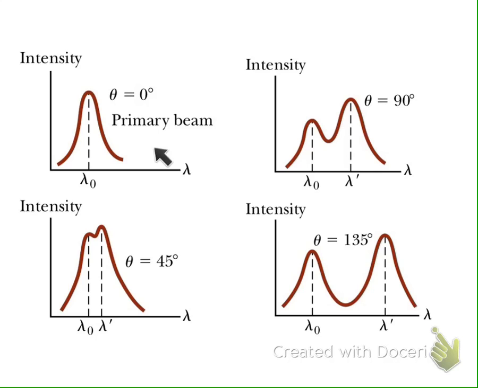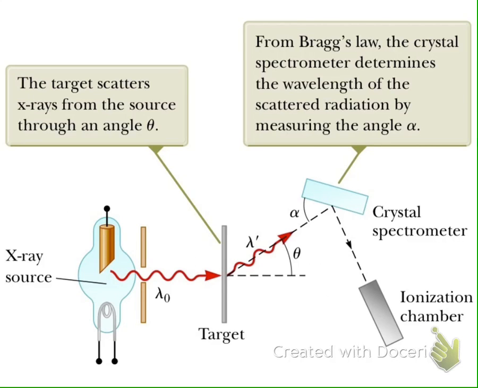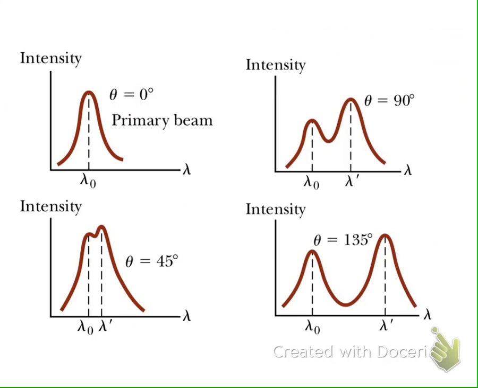When the angle is zero, the light ray has the same direction as the incident ray. Lambda zero is the wavelength of the incident ray, and you have the peak of the intensity at lambda zero.